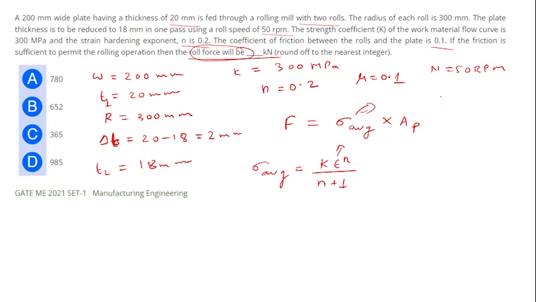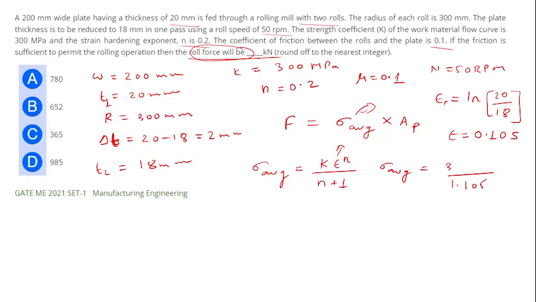Initial height is given, final is given. So it will be ln 20 by 18. What is your true strain? Calculate this. 0.105. Now we will calculate sigma average.